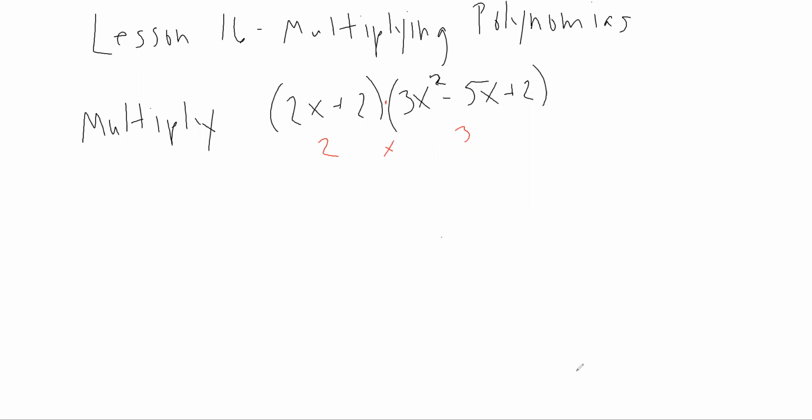So when I set up my box, or my array, if you want to use the fancy math language, I'm going to be using a 2 by 3 box. So let me show you what that would look like. We're going to set up our box, and I'm going to make some lines in it.